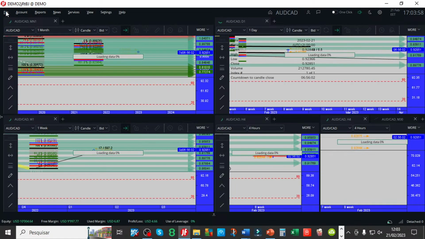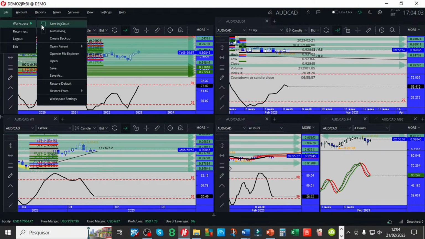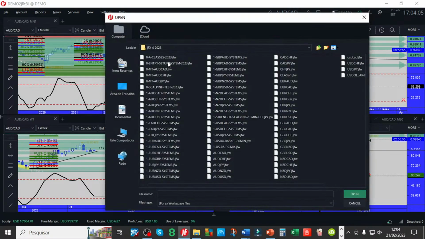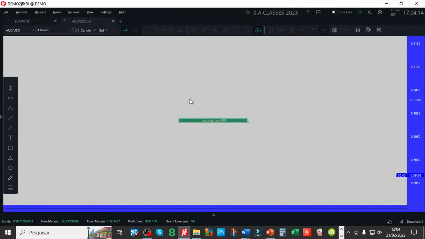Your charts are going to look like this in a few months, everybody, but so far, classes. Euro GBP 4-hour chart, thank you very much. Long or short? What pattern?